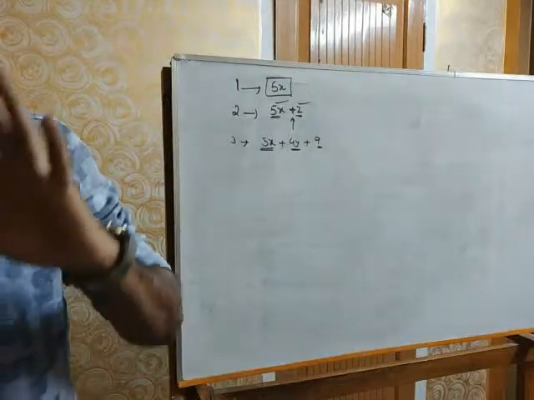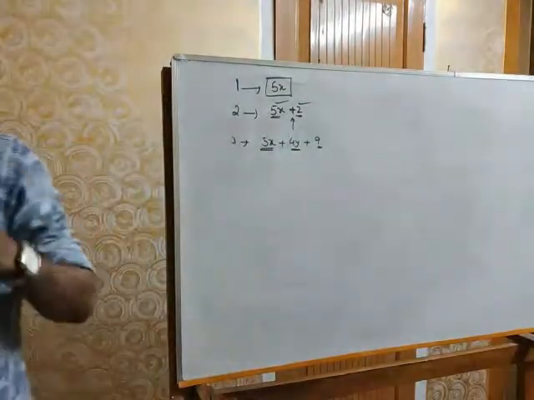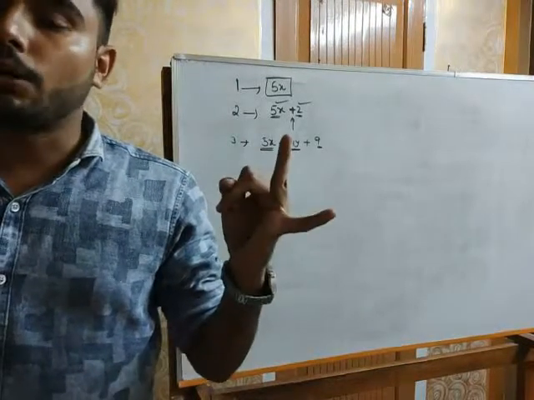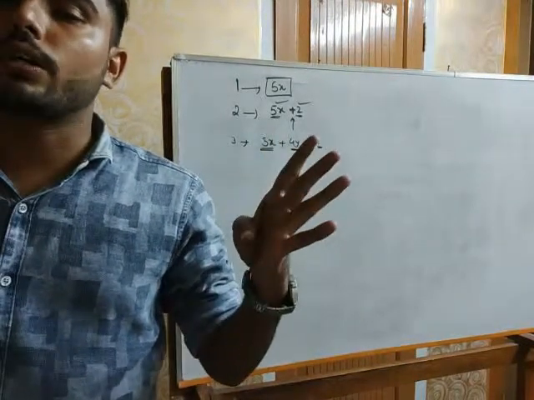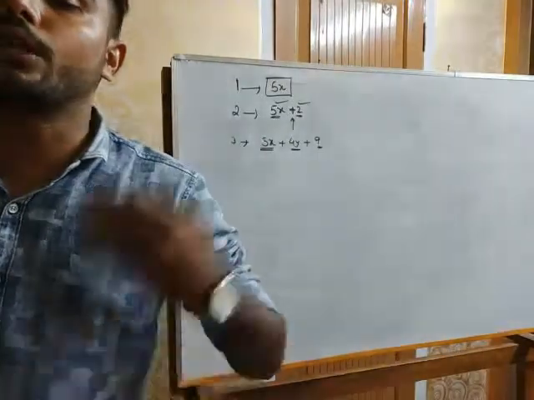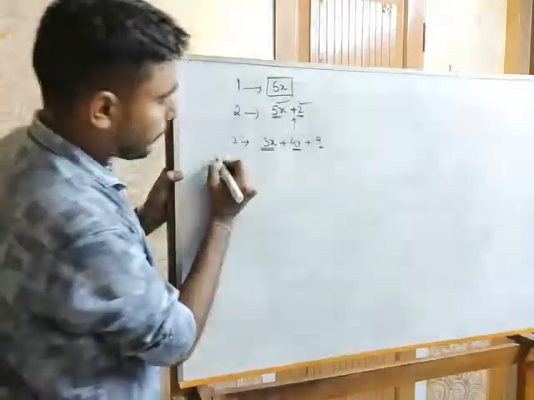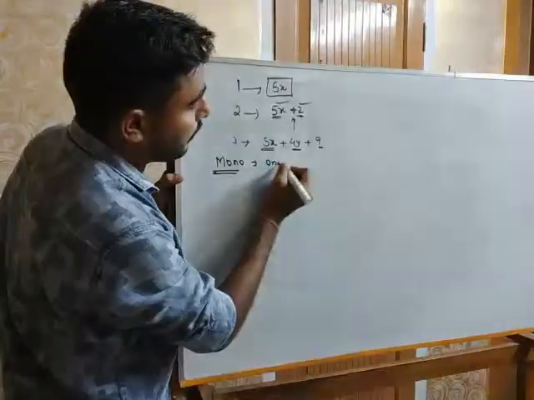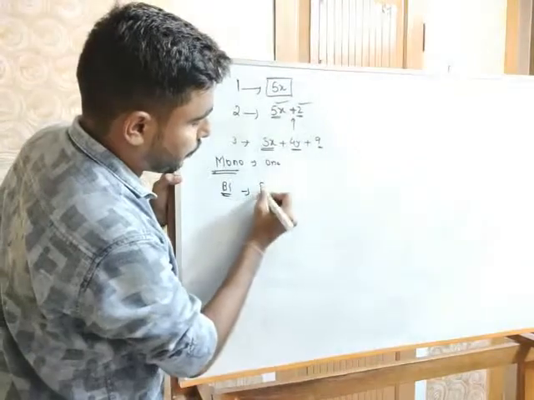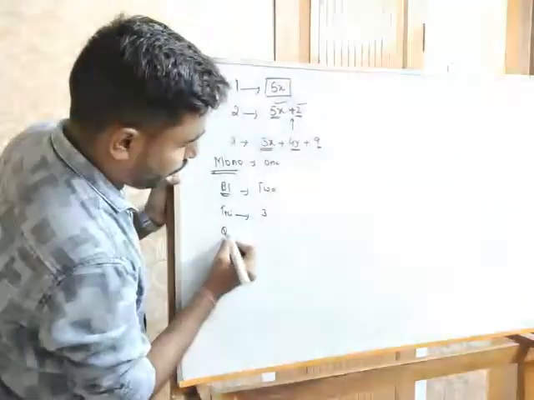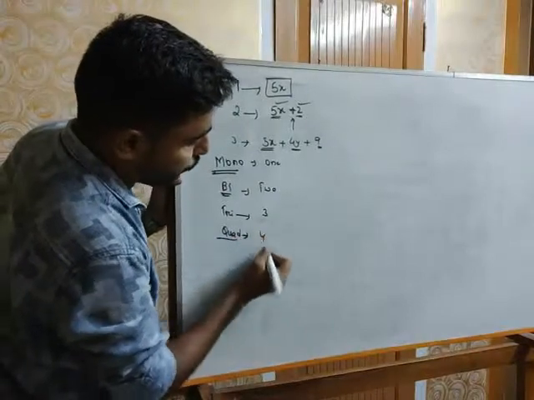So according to the number of terms, algebraic expressions are classified as monomials, binomials, trinomials, then quadrinomials, and all together we will come to the topic polynomial. Mono, you all know, means one; binomial, bi means two; trinomial, three; quadrinomial, quad means four.